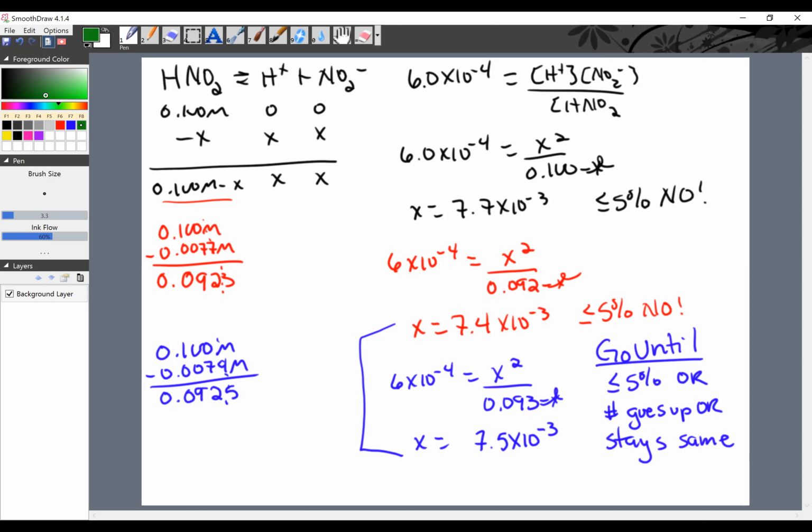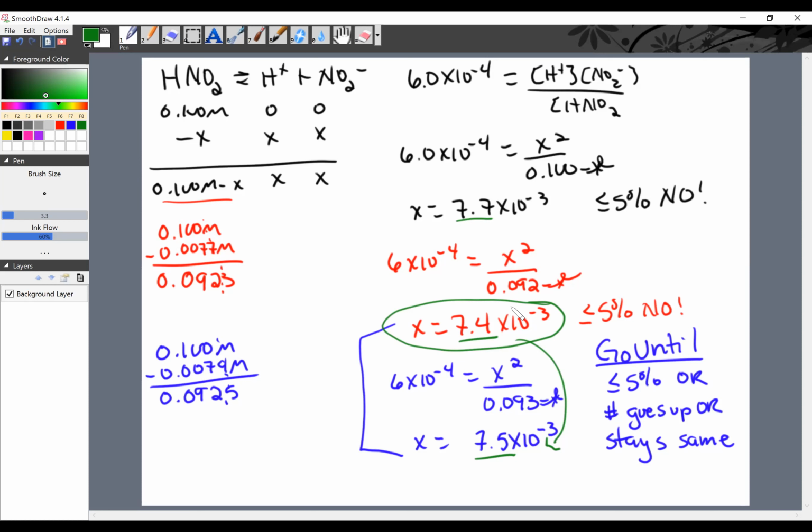So in this case, we had a 7.7, and then it went to a 7.4, and then it went to a 7.5. So this one went up just a little bit. And so this would be the best number to plug in. Now, I'm not going to do the quadratic, but if you do the quadratic, guess what? That is the answer that you get from the quadratic equation.